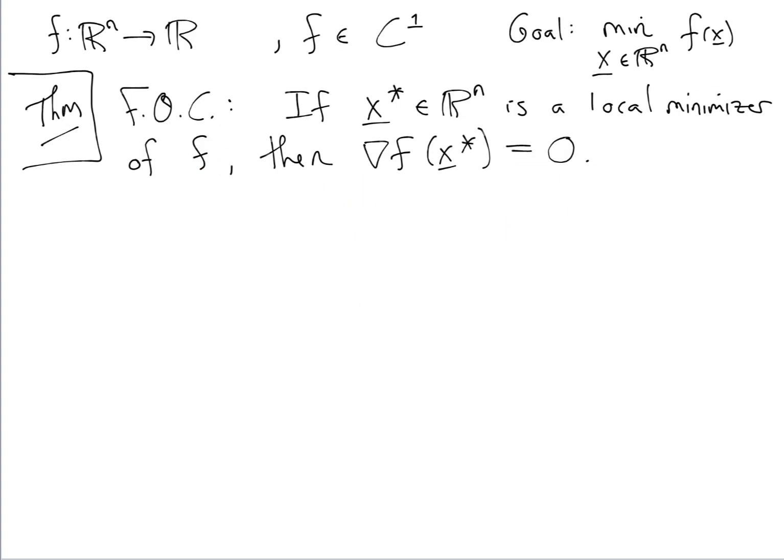Here, geometrically, it is that the tangent hyperplane is horizontal, which means the gradient of f of x star is 0. Recall that the gradient is the vector of first order partial derivatives. So this is saying that each of the first order partial derivatives of f evaluated at x star has to be 0.